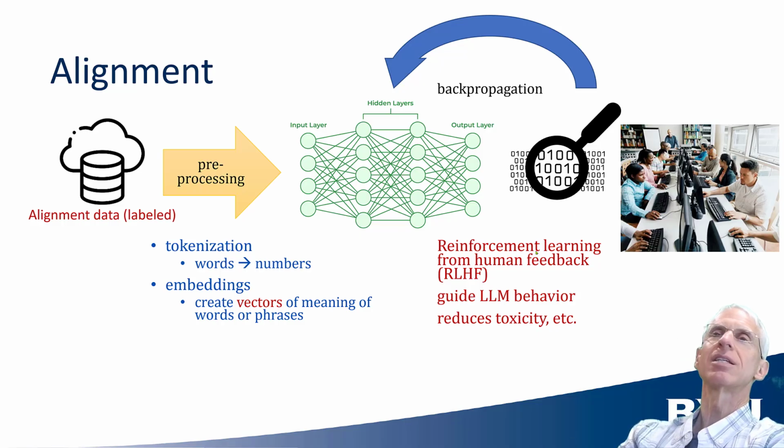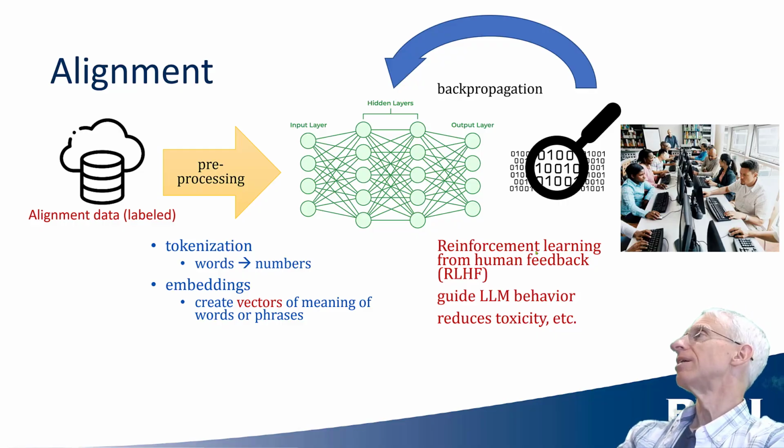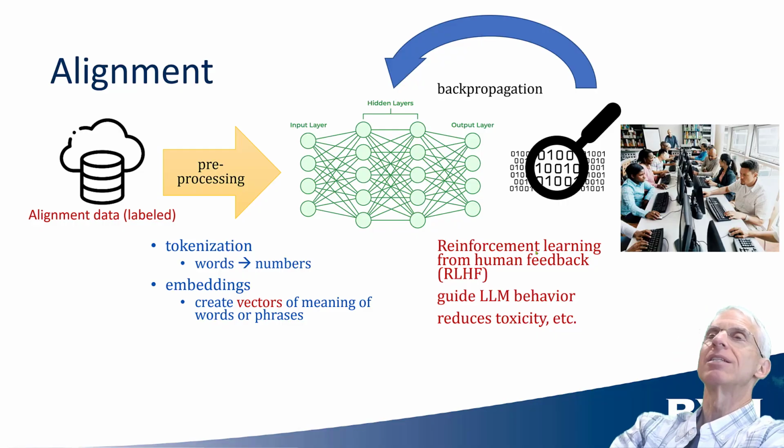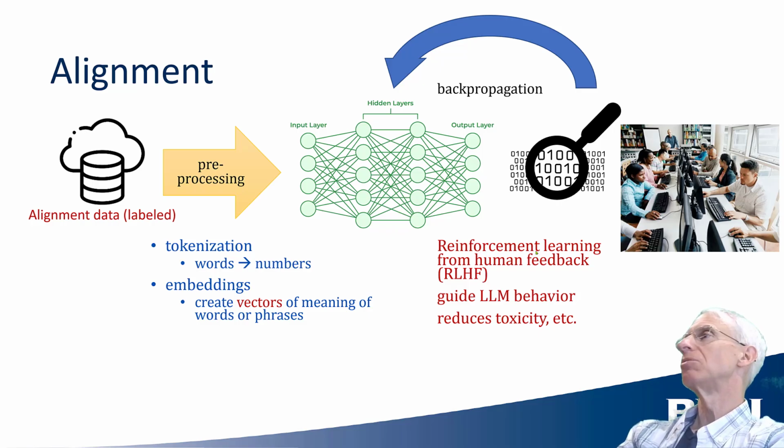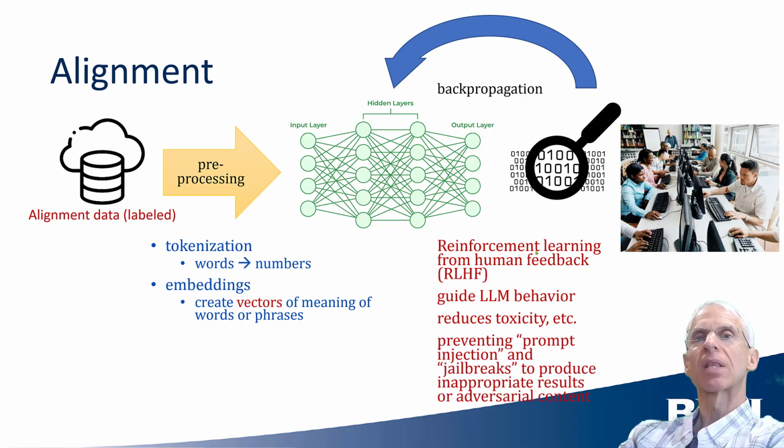What is toxicity? That's things like swear language, or it can be telling people bad things like, go kill your neighbor's dog because the dog is barking, or something like that. So we want to reduce toxicity, content that's not appropriate. So that's why we do alignment.